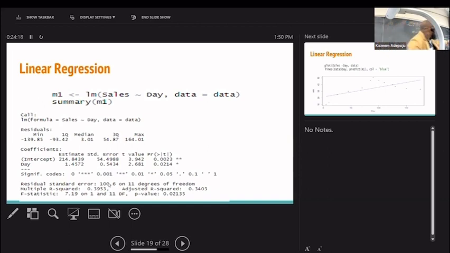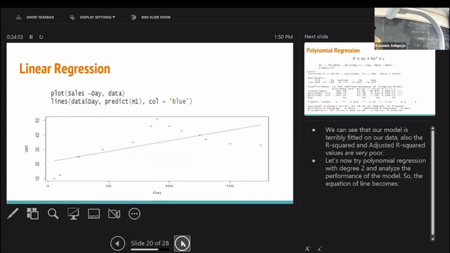Now, if you take a look at the multiple R squared here, if you want to look at the contribution of day to sales, what happened? 39.53%. That's not good at all, right? Okay. Now, which means, what am I assuming if I use a straight line? When you draw a straight line, can you reasonably say the straight line captured that? No, far from it. Far from it. And you can see that from the R squared, right?